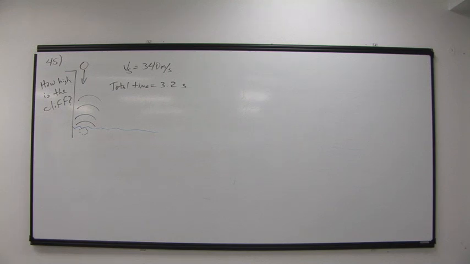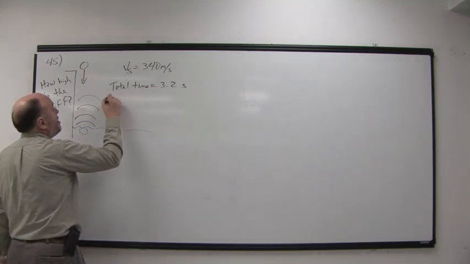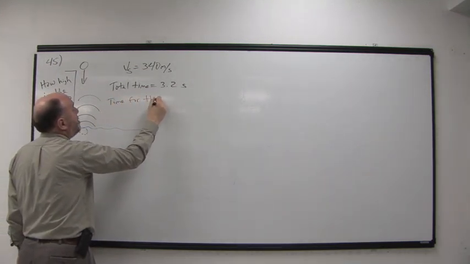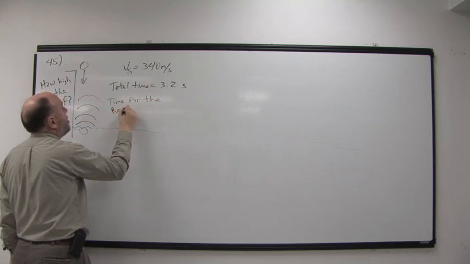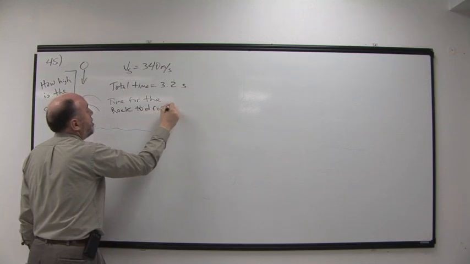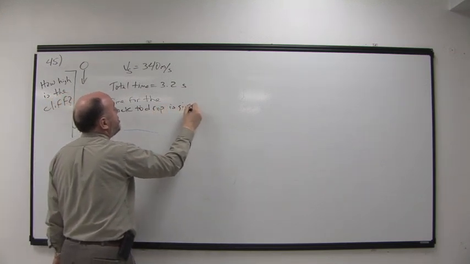So we don't know the time frame for the rock to drop. We don't know the time actually for the sound to come back, but we do know the total time of the event. So let's say that the time for the rock to drop is given by t.